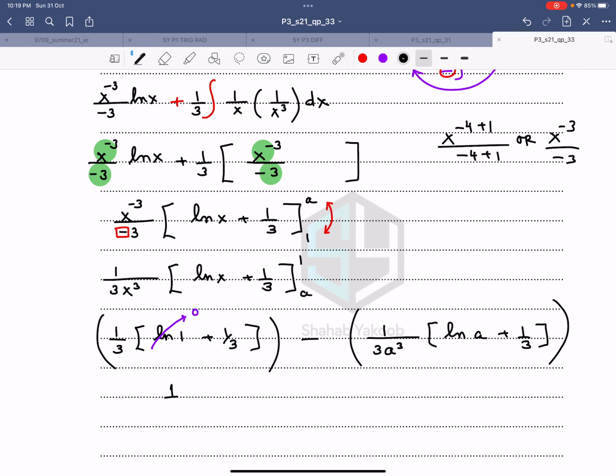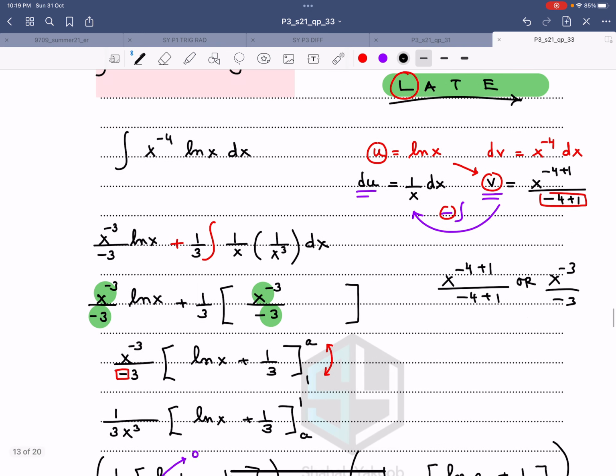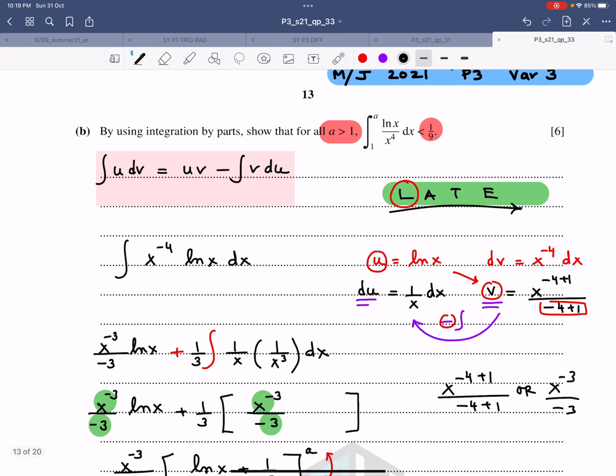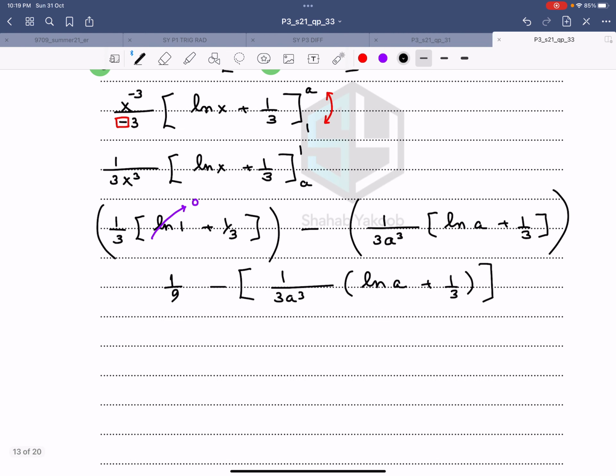So this is 1 over 9 minus 1 over 3a cube, and this whole expression will be there, which is ln a plus 1/3. Now we know that they are saying the value of this integral would be lesser than 1 over 9, and a is greater than 1. That means this is 1 over 9.